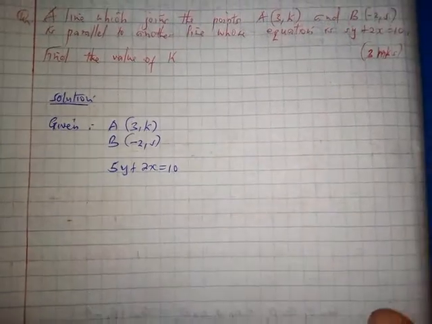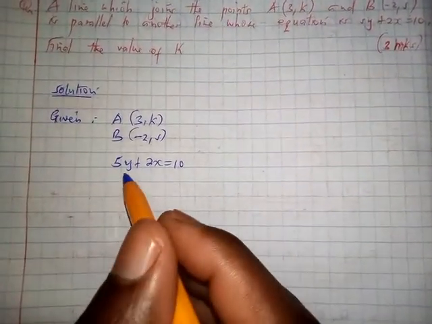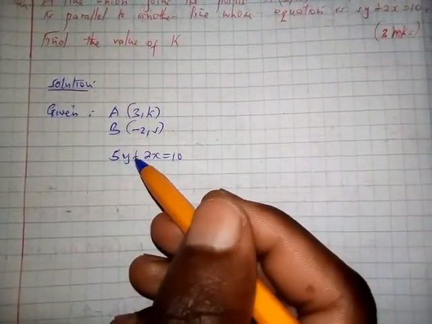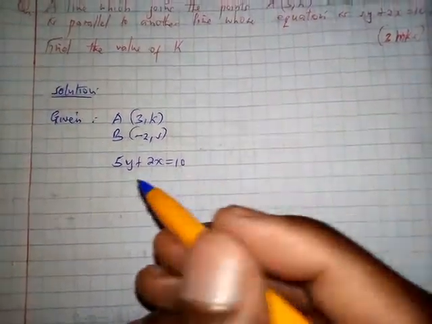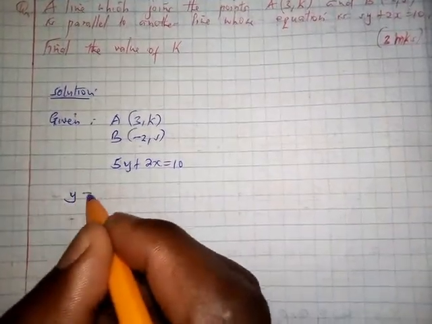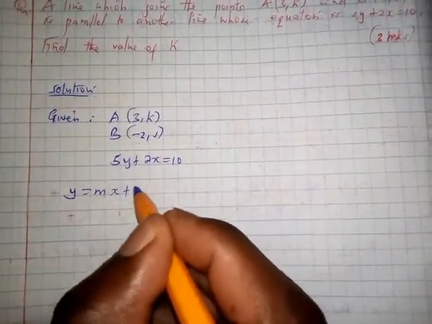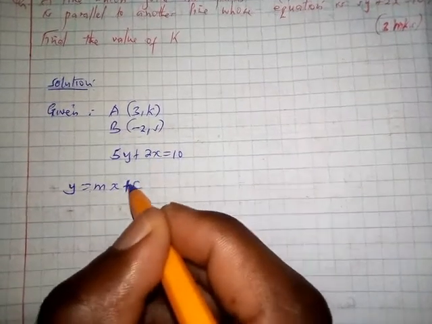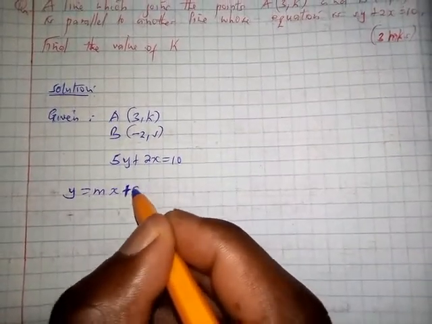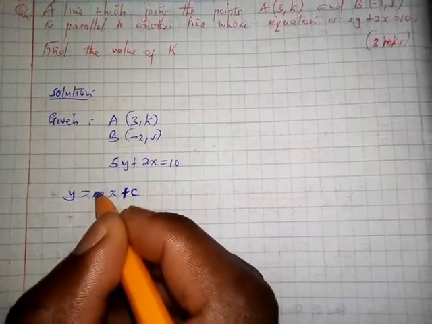and therefore the first step is to write the given equation 5y plus 2x is equals to 10 in the form y is equals to mx plus c, so that we can know its gradient from this equation.